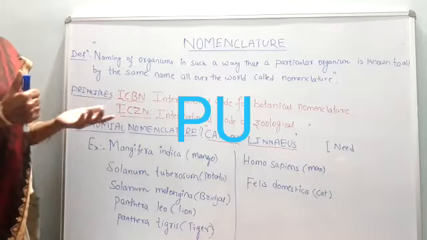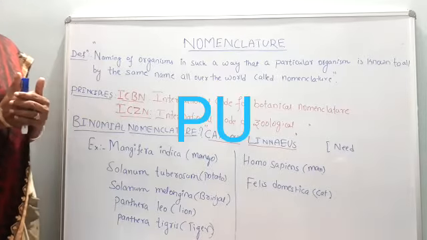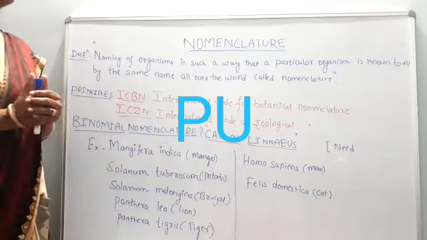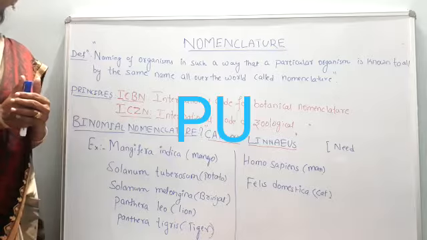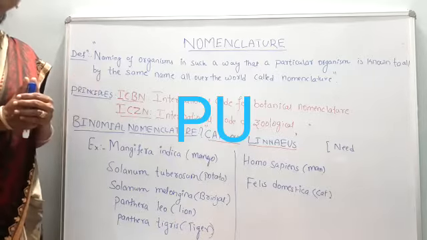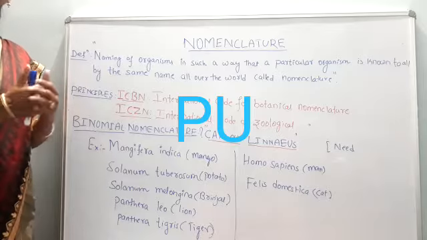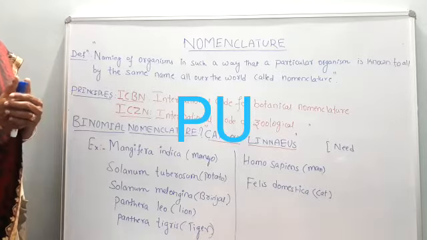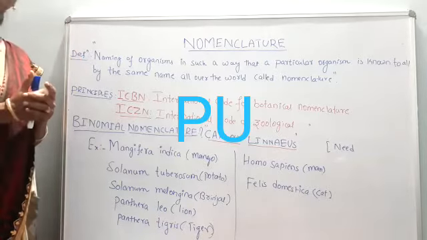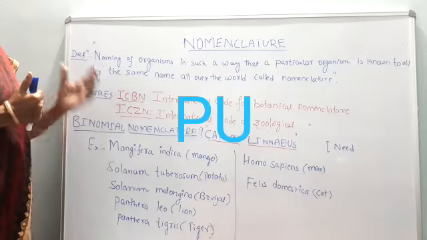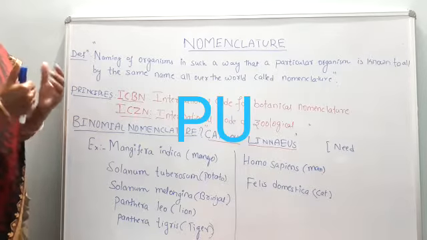So how to name the organism? By using a scientific method, because a wide range of plants and animals reside on this planet, and it is very difficult to remember all of them.